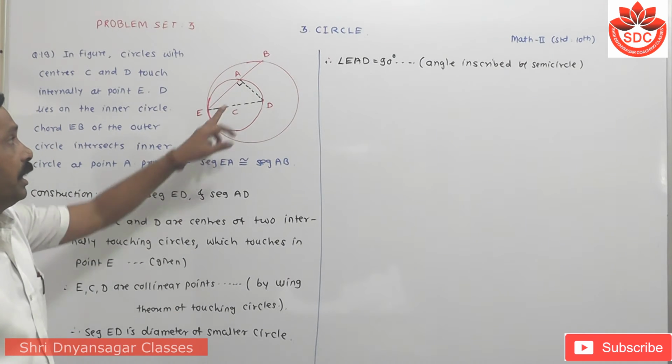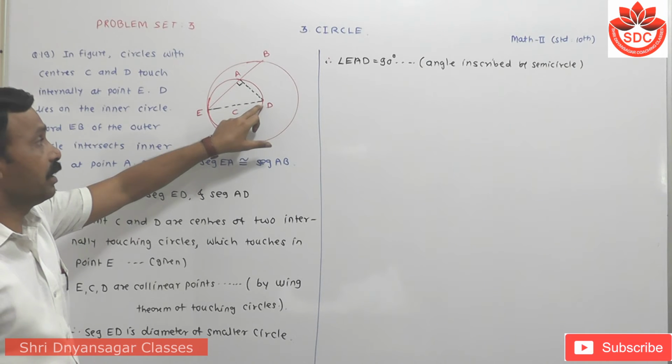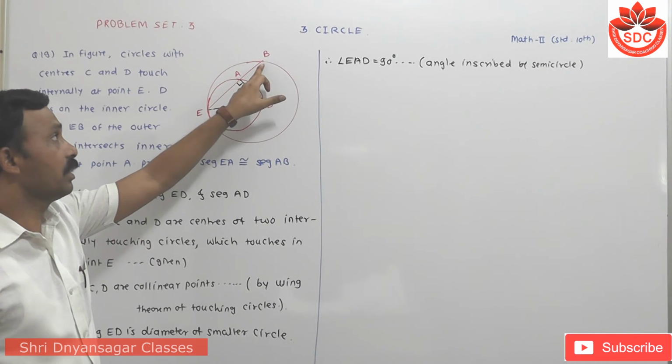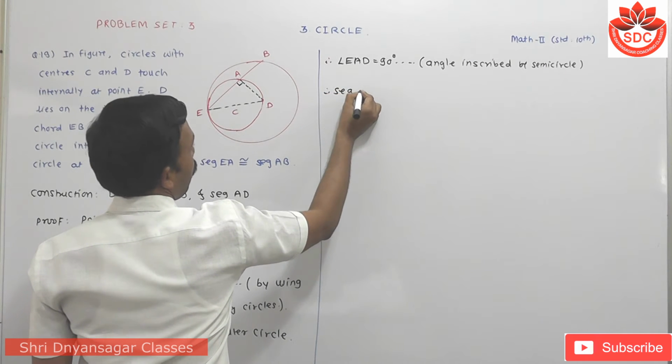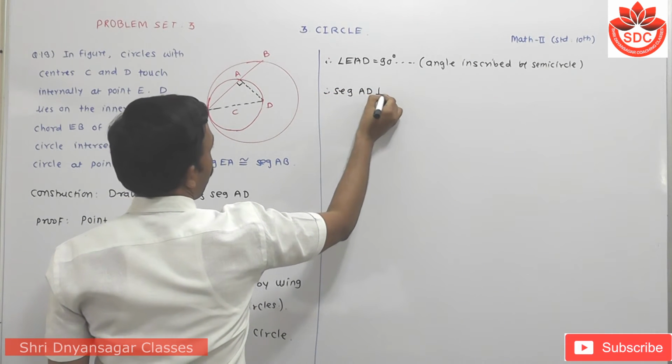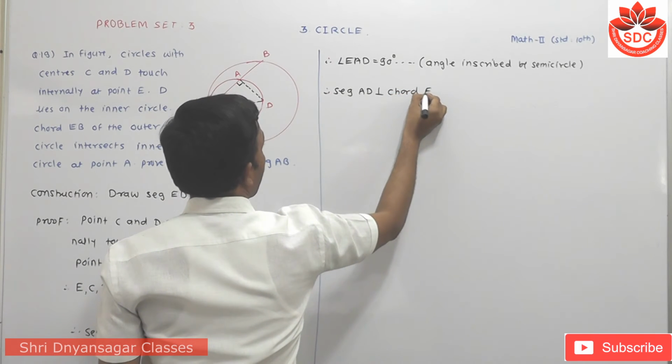Now if it is a right angle, and D is the center of the bigger circle, then AD is perpendicular on chord EB. Therefore segment AD is perpendicular on chord EB.